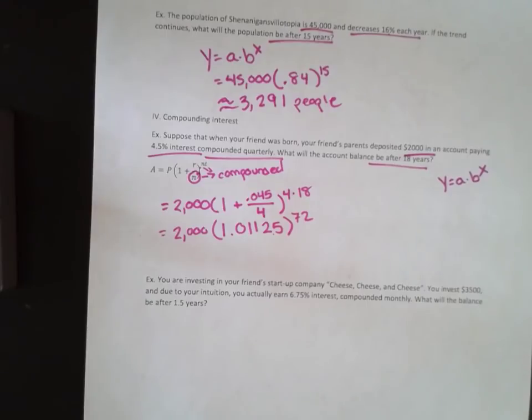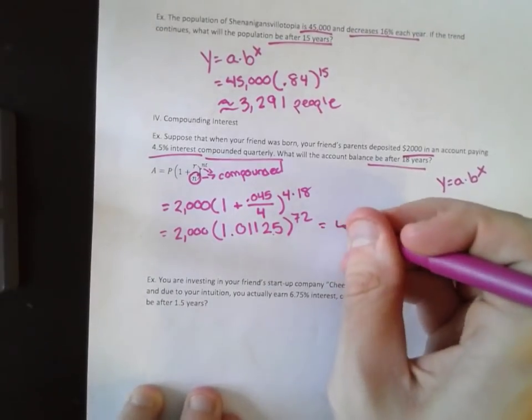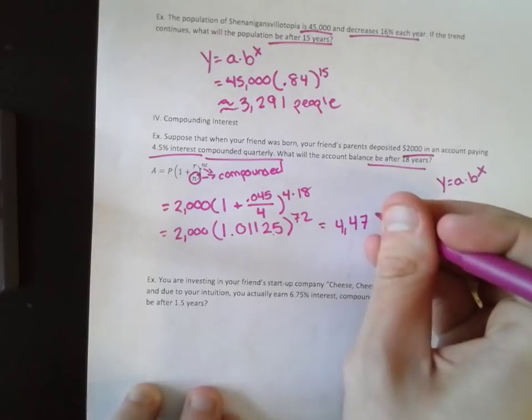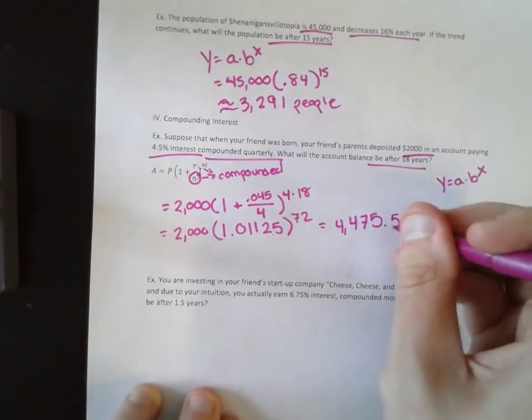And you should get your answer, which I got something incredibly wrong. So let me type it in one more time. 1.01125 raised to the 72nd power. There it is. I don't know what I did wrong the first time. Multiply that by 2,000, and I get $4,475.53.